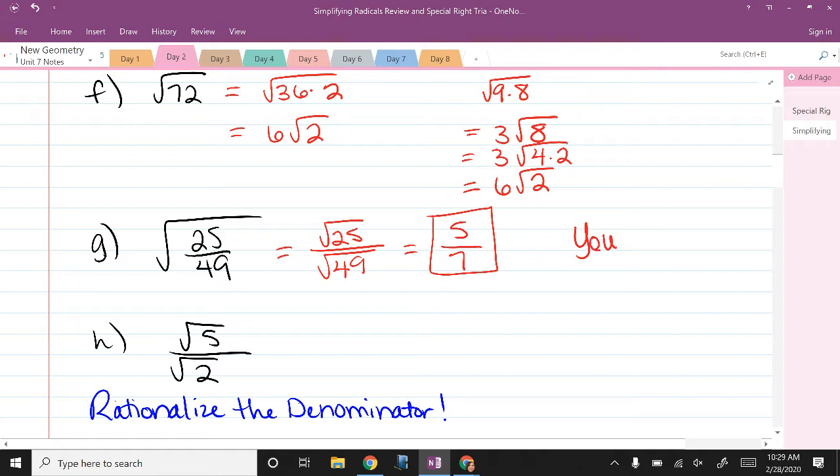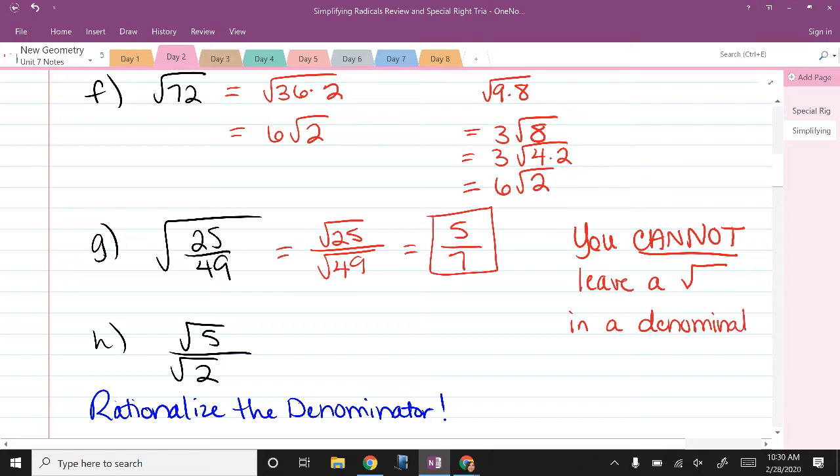You cannot leave a radical, that's an ugly radical, in a denominator. If you leave a radical in a denominator, it is not simplified. You cannot leave a radical in a denominator. So you can leave one in a numerator, but not in a denominator.